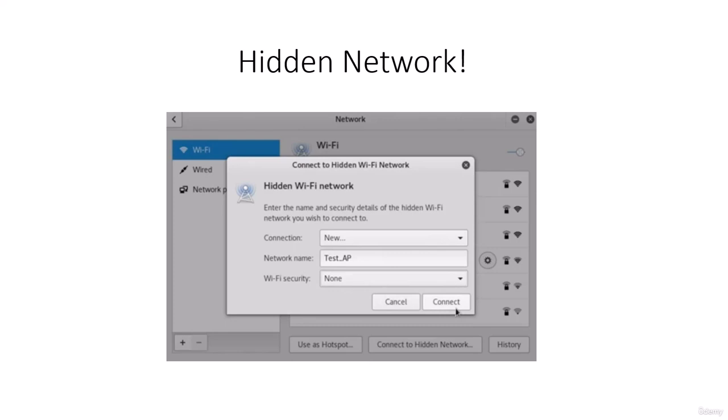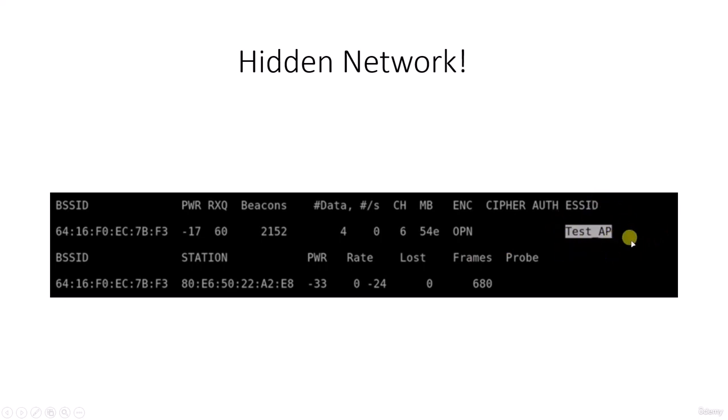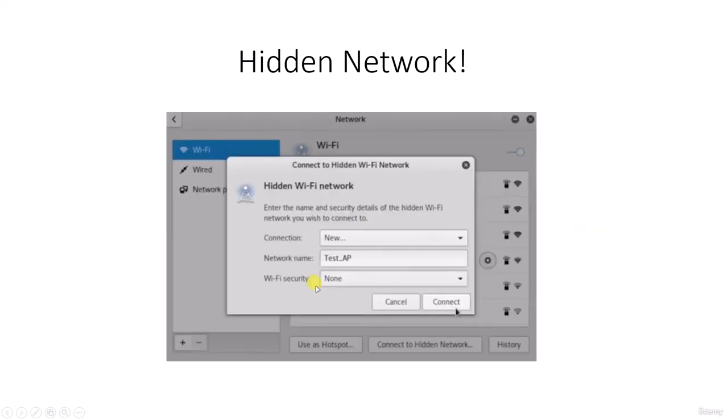It's going to ask me for the connection and Wi-Fi security. In this connection we will set it as new, and in the network name we put test_ap, because our hidden network name is test_ap. You can select your Wi-Fi security like WEP or WPA2 here, but as our security is none, we will just select none.